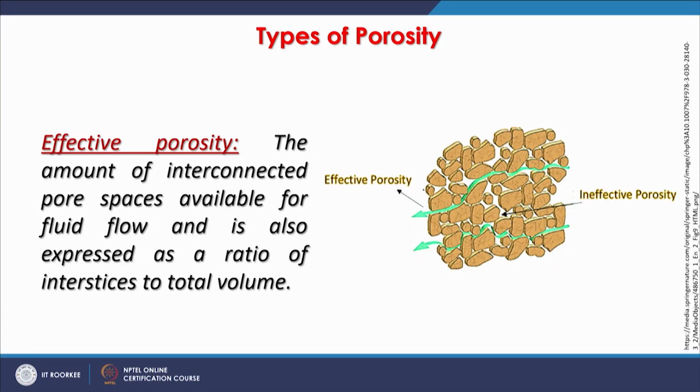Effective porosity is the amount of interconnected pore spaces. In this discussion we have been saying that a rock can have high porosity, but it is not necessary that it will have a high permeability, because if these pores are not connected, then water might be there, but it is not coming out.